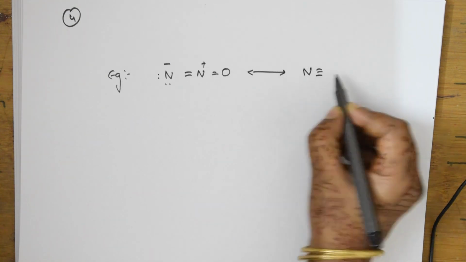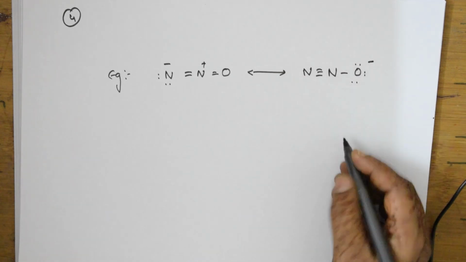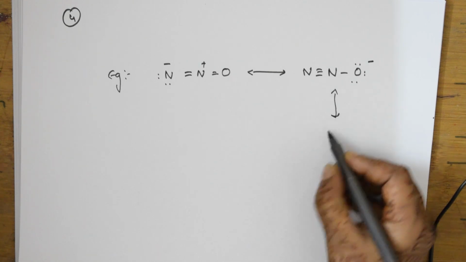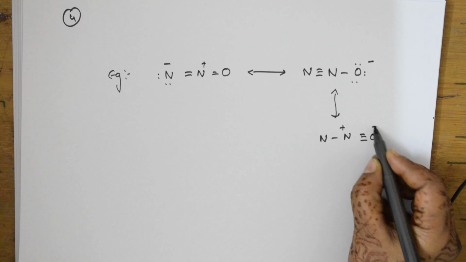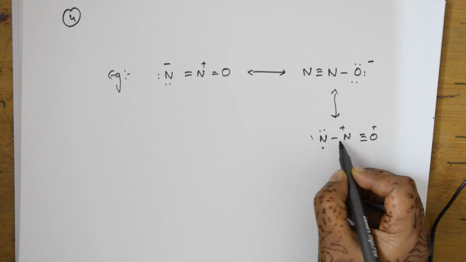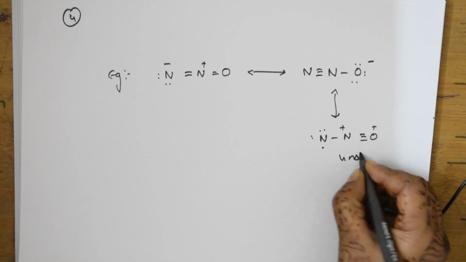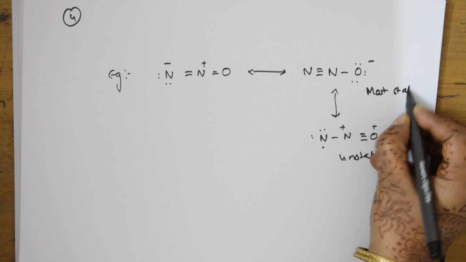Let me first finish and then come back to explain what I am writing. Yes, this will become unstable, N plus triple bond plus. So 1, 2, 3, 4, 5. This is unstable. This is most stable.